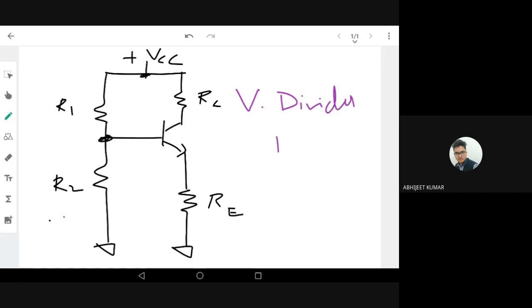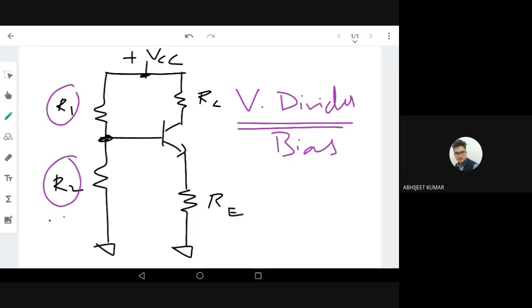As the name states, we have a voltage divider: VCC is divided by the two resistances R1 and R2, giving voltages V1 and V2. We use only one voltage source.